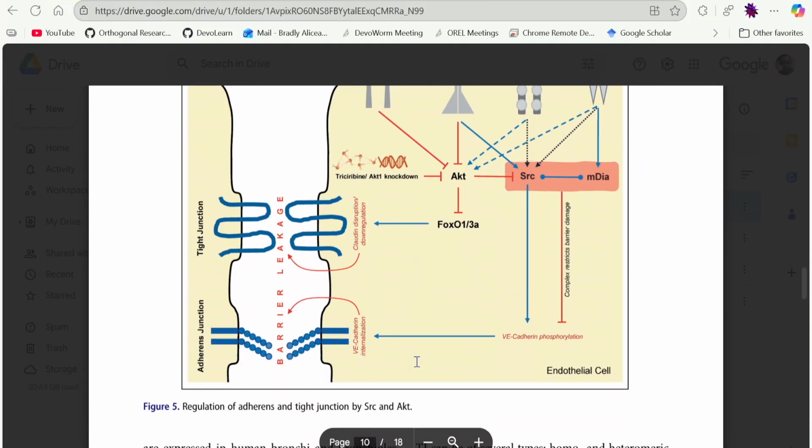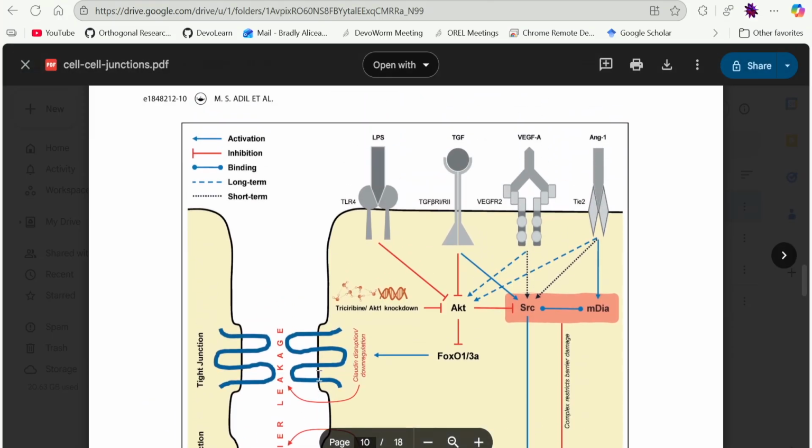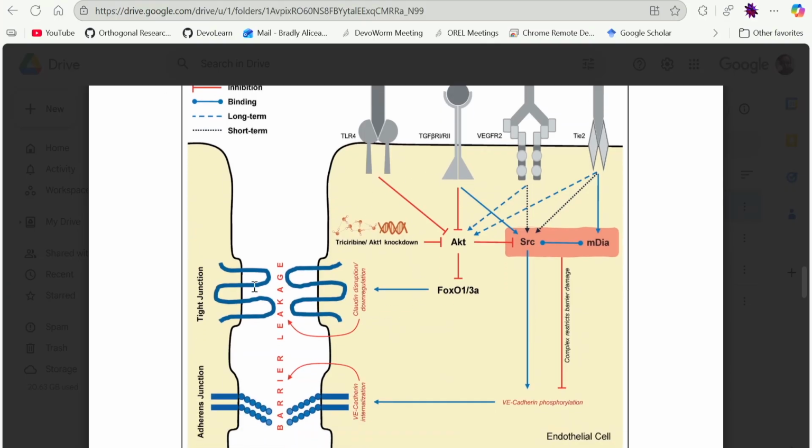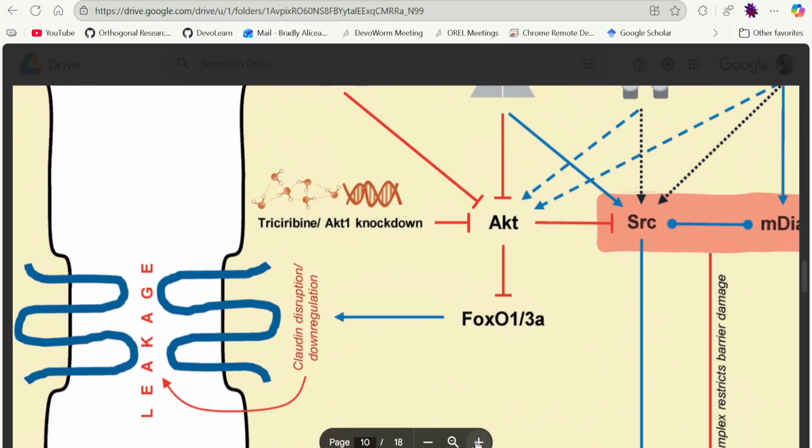This is figure 5, regulation of adherens and tight junctions by SRC and AKT. So this is, again, a pretty busy diagram where you have different things going on. You have these junctions. You have a tight junction, adherens junctions. You have here barrier leakage. And so you can have leakage between these junctions if they're not properly formed.